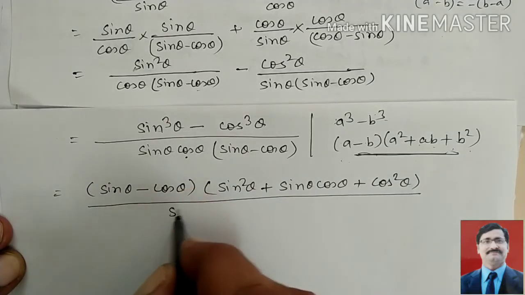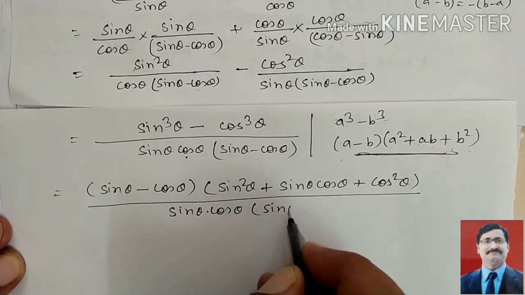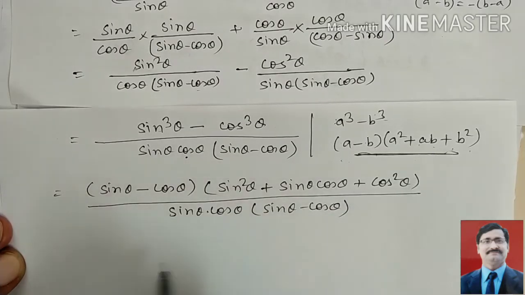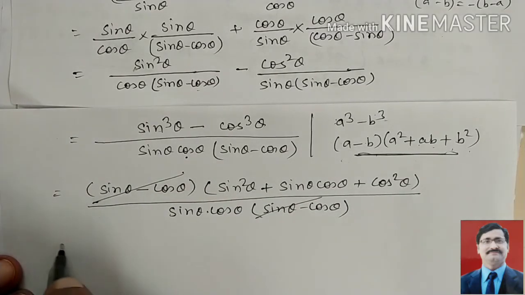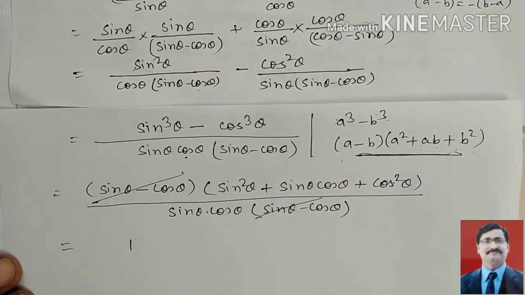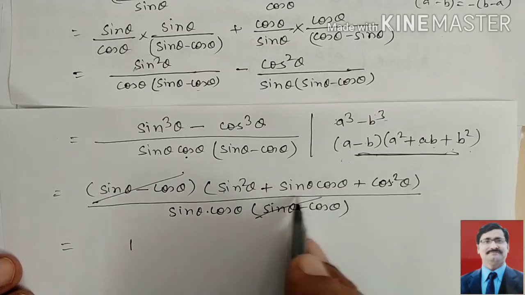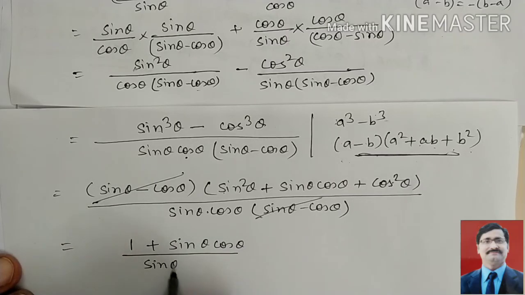Upon we have sine theta into cos theta and sine theta minus cos theta. Now whatever cancels, you cancel. Sine theta minus cos theta cancels. Now sine square theta plus cos square theta is 1, and remaining is plus sine theta cos theta. In the denominator we have sine theta into cos theta.